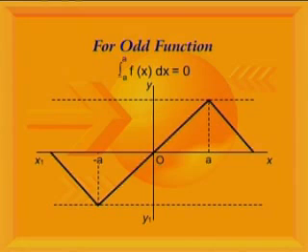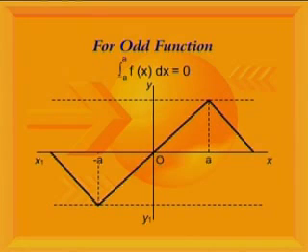So the integral of any odd function from minus a to a is 0, and that is clear from the diagram. If you see the area from 0 to a bound in this interval, this area is positive, and the area of this triangle from 0 to minus a, or you can say minus a to 0, will be negative.